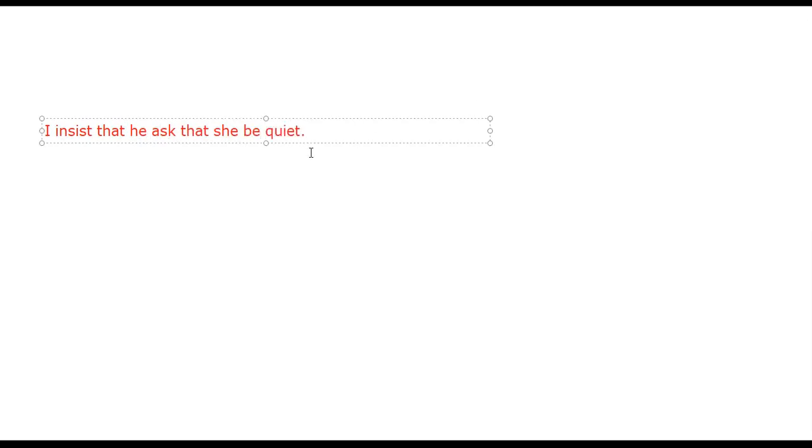Here, "I insist" is indicative, because the subjunctive can't be alone like that in the clause, unless it's an expression as I just showed you. But here you have two subjunctives: "he ask" and "she be quiet." And we connected these two clauses with "that."